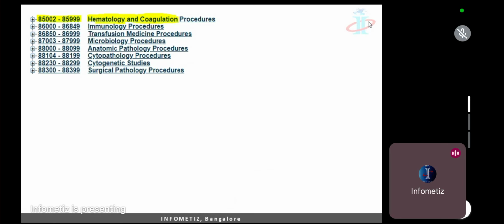Quantitative means quantity, how much. Qualitative means quality, how it is. Okay. Now, hematologic and coagulation. Hematology means blood related things. Now we want to check the blood count or related things.